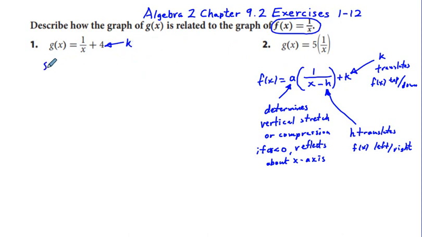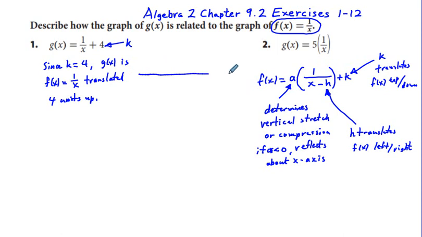Since k is equal to 4, then g(x) is f(x) equals 1 over x translated four units up.